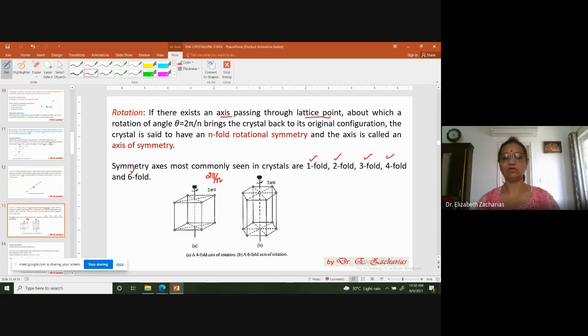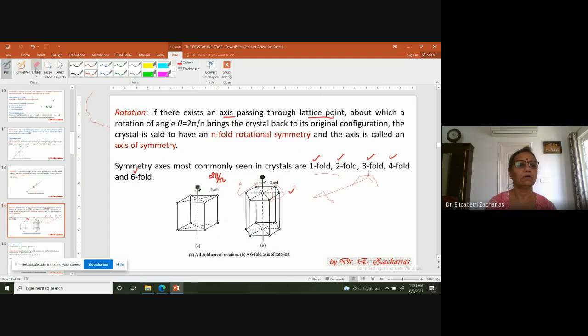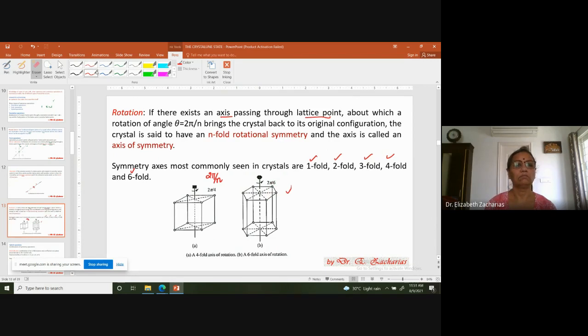Now look at the next picture. That's a hexagonal structure. You can see that by turning it each time by 2 pi by 6.